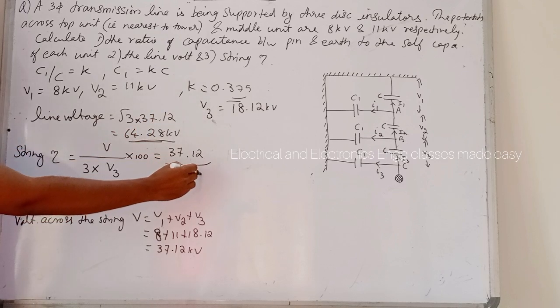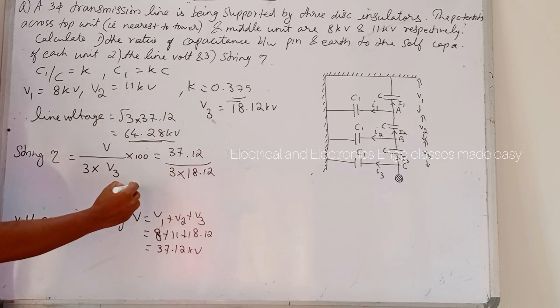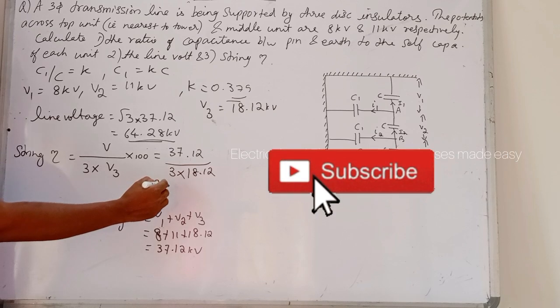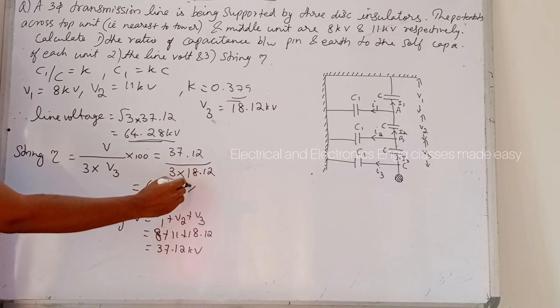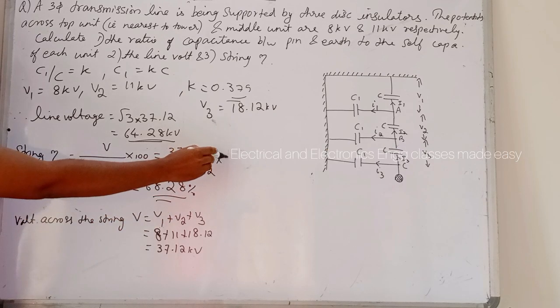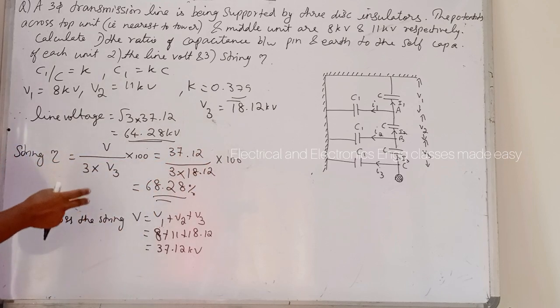V3 is 18.12, and we will get it as 68.28 percentage, into 100. So this is the string efficiency.